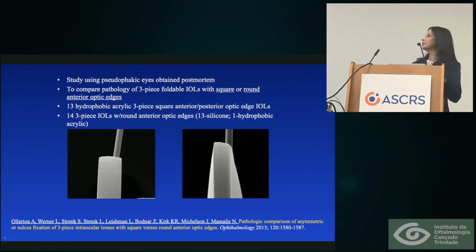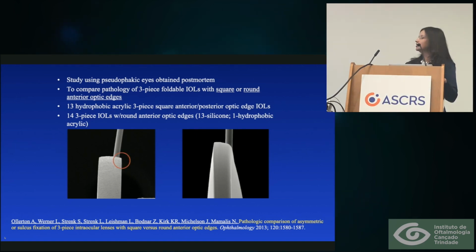So we could collect some eyes from the eye banks, and we had 13 hydrophobic acrylic 3-piece square anterior and posterior optic edge IOLs. And then we compared this with a group of 14 3-piece IOLs with a round edge on the anterior optic surface. There were 13 silicone lenses and 1 hydrophobic acrylic lens.